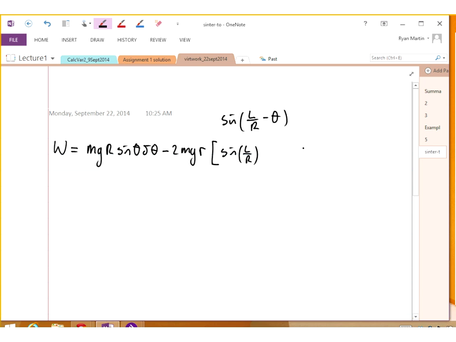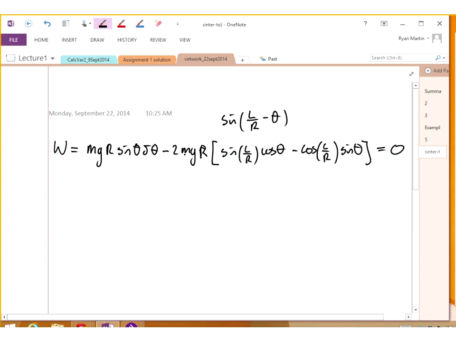So that is sine of L over R cos theta minus cos L over R sine theta. And that's got to be equal to 0.